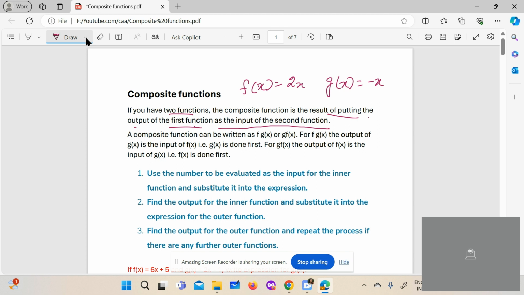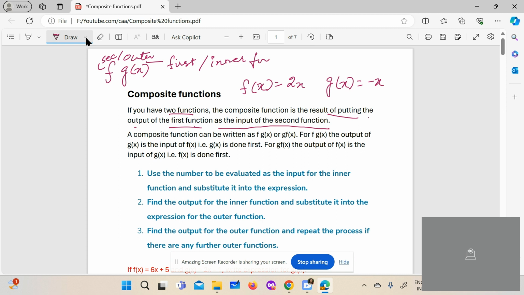When I write f of g of x, what is happening here? This is your first function, or you can also call it the inner function, and this one is your second function, or you can call it the outer function.